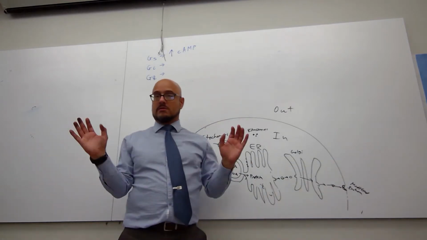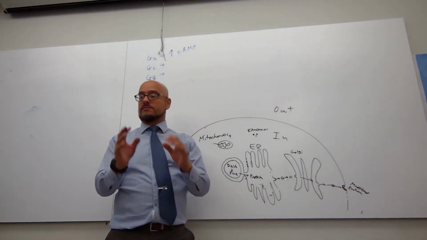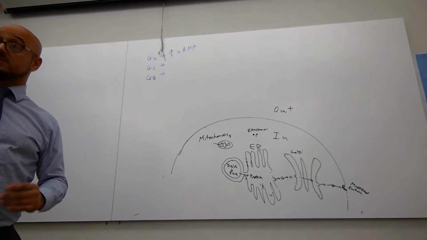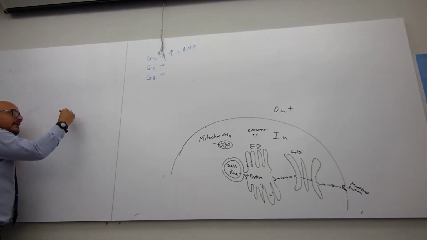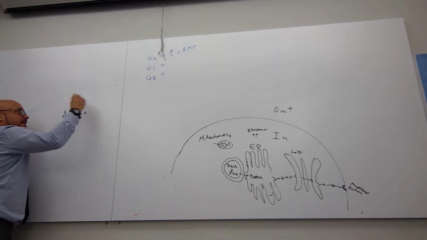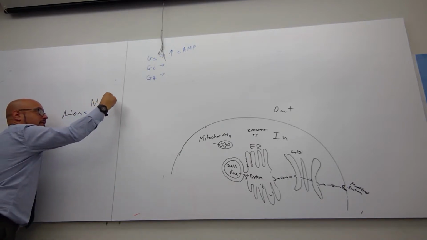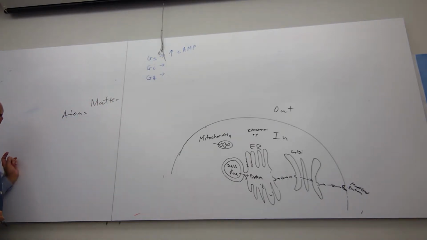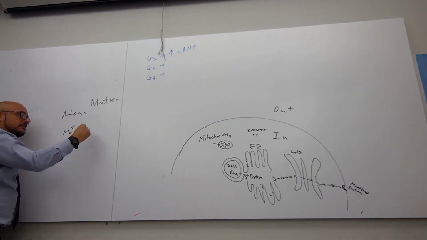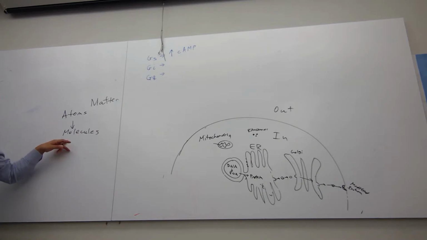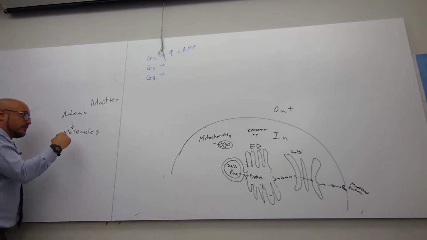So, let's go back to chapter 1, chapter 2. Remember we were talking about how it all starts with atoms, right? And atoms are made up of matter, right? Everyone agree? And atoms make up molecules, yes? And those molecules make up compounds.